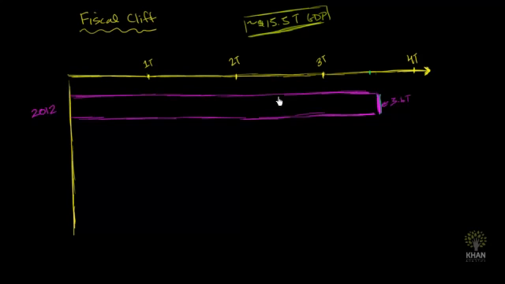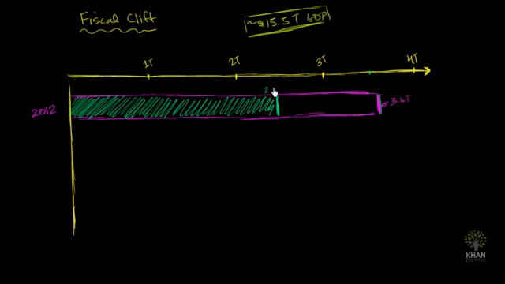I'll draw that right over here, in this green color. This is how much revenue was brought in. Let me write this down: 2.5 trillion.